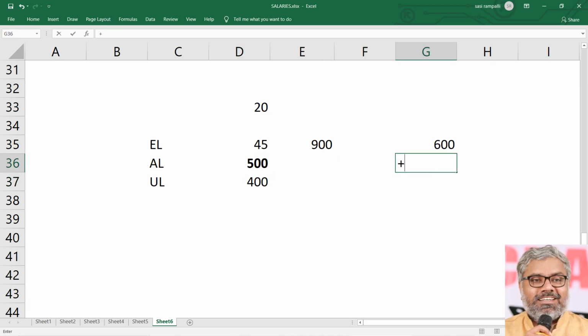Then how much will be, as per Income Tax Act, unavailed leave or leave to his credit? 100. So the point is, as per the employer-employee relationship and contract, the leave to his credit is 400. As per Income Tax Act calculation, the leave to the credit is 100. So we will not take 400. We will take 100 as our basis.